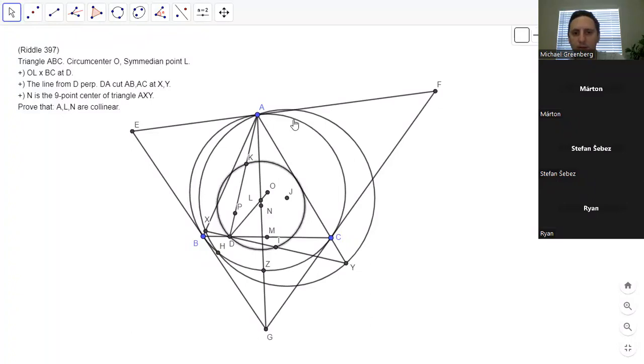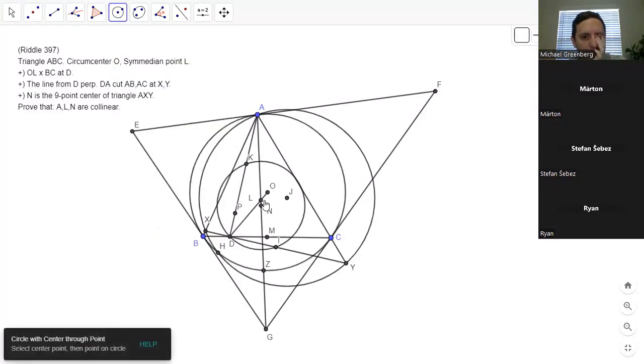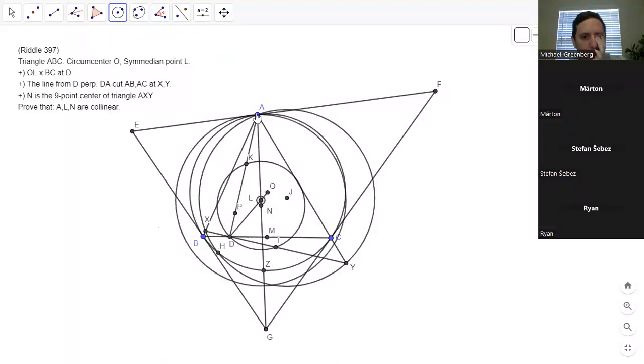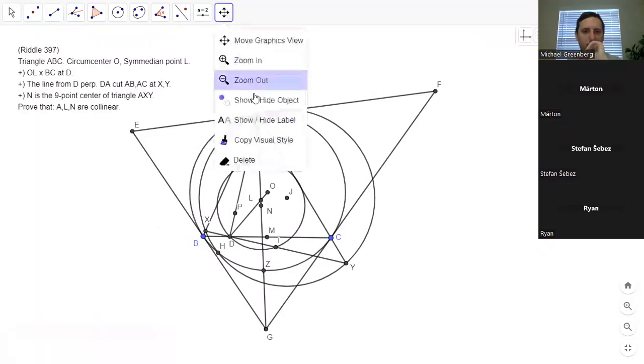That's weird because the line connecting the centers is supposed to be perpendicular to the radical axis, but this, what am I missing here? No, L is not the center. Oh, L is the Gergonne point. Okay, so L isn't the in-center. So yeah, we really do have to draw those two.